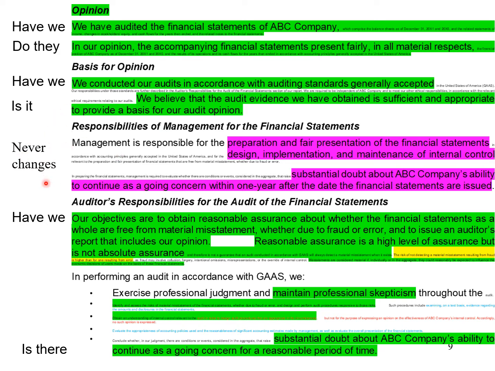Management's responsibility never changes. Have we obtained reasonable assurance the financial statements are free of material misstatement? Okay. And then, is there substantial doubt about the company's ability to continue as a going concern?